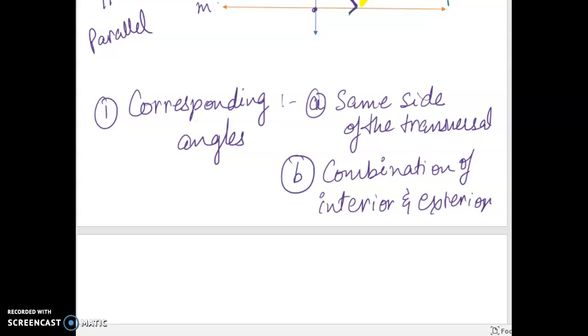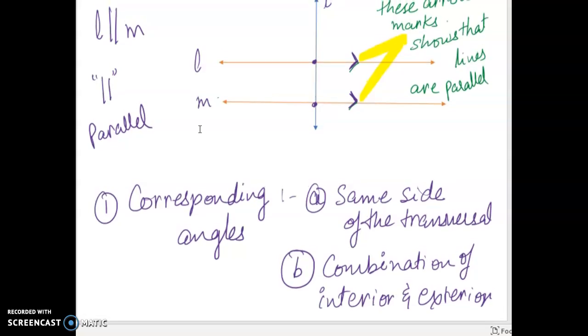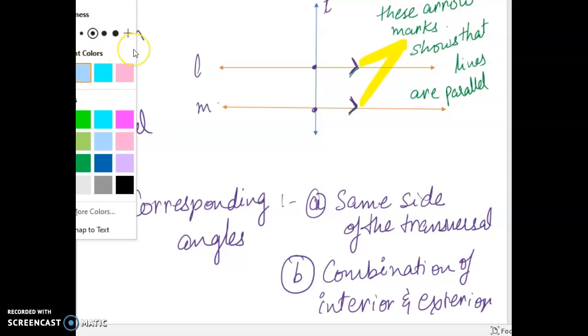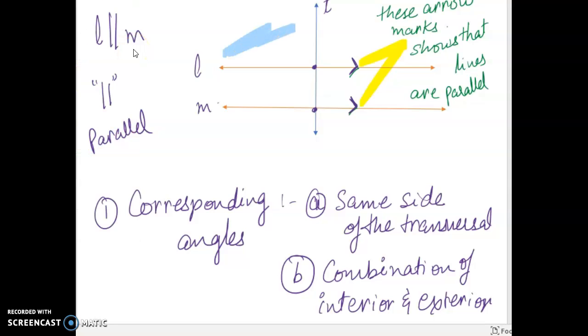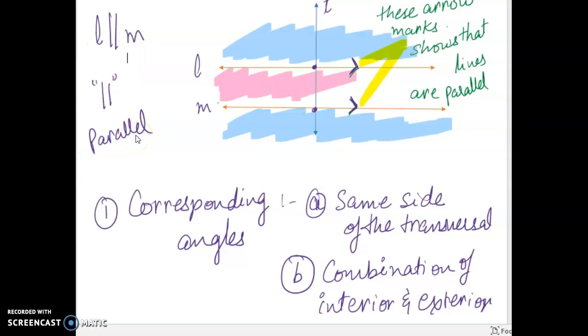Same side of the transversal, if we look at the two lines and the transversal, how can I differentiate what is interior and what is exterior? The blue shaded area is the exterior part, because it is not included between the lines L and M. What is included between L and M defines the interior, right?